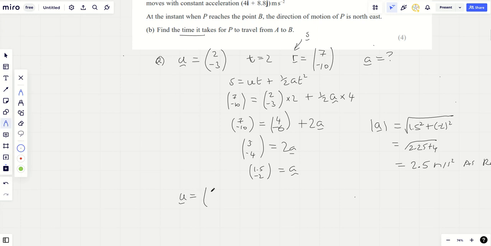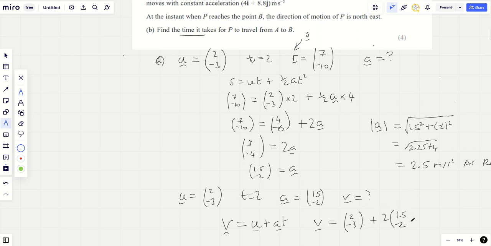U is 2, minus 3, T is 2, A is 1.5, minus 2. We want V. This shouldn't take a second because V equals U plus AT. And so V is going to be equal to 2, minus 3 plus 2 times 1.5, minus 2. And that comes to 3 plus 2 is 5 and minus 4 minus 3 is minus 7.